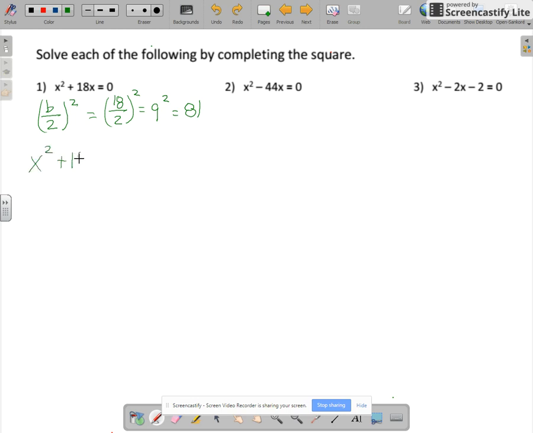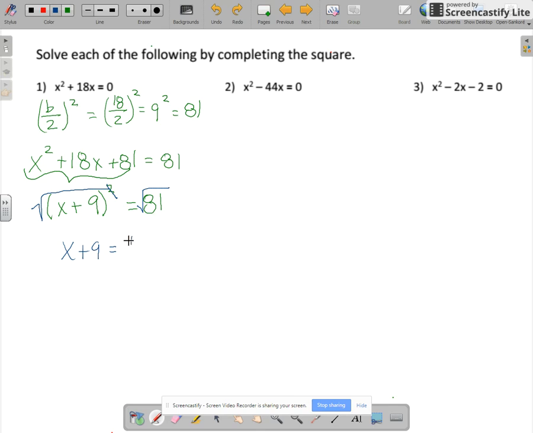x squared plus 18x plus 81 is equal to 0 plus 81, which is 81. Our left side factors to be x plus b divided by 2, which is 9, quantity squared, is equal to 81. Now we take the square root of both sides. The square root of x plus 9 quantity squared cancels out the squared, leaving x plus 9.